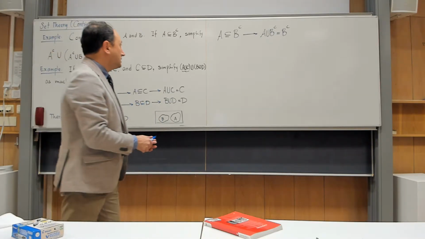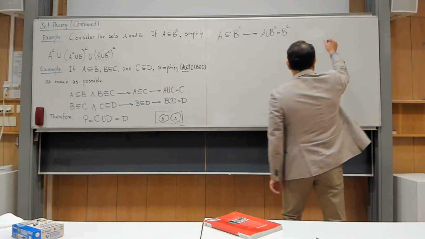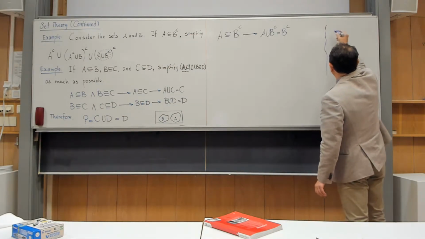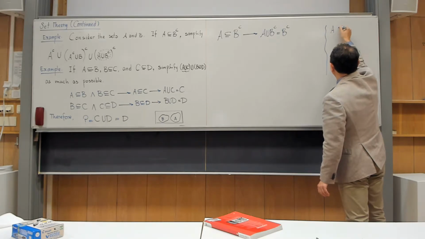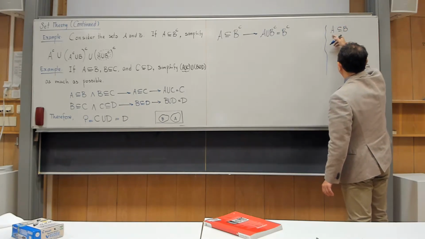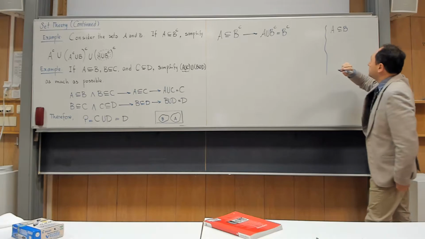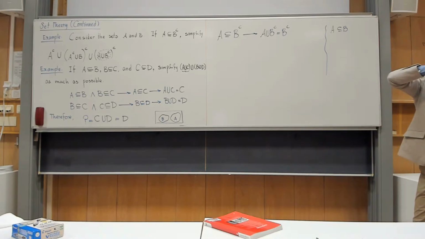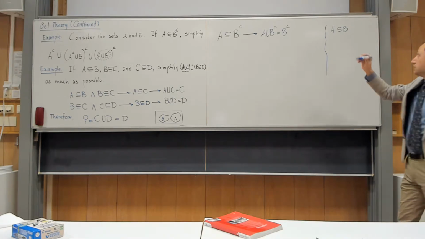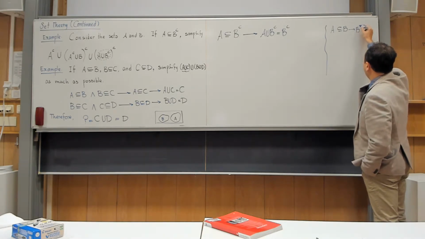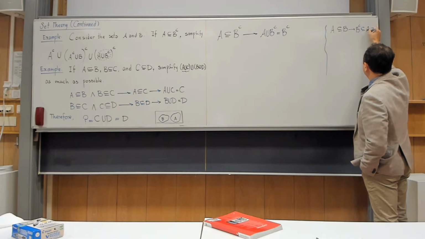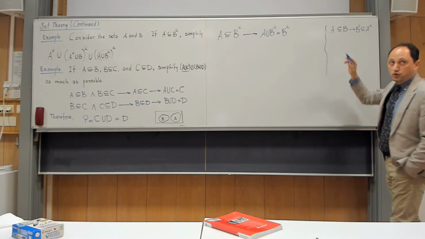But that was a reason that we had it before. Do you remember? I told you before that if a set is a subset of the other set, and I insist to take the complement from both sides, what should I do? You answered actually. Yes? You switch this one. So it becomes B complement is a subset of A complement. That was a very important rule.